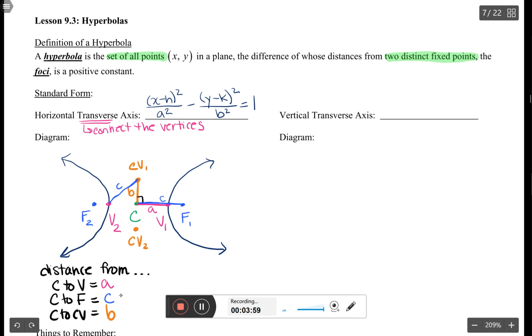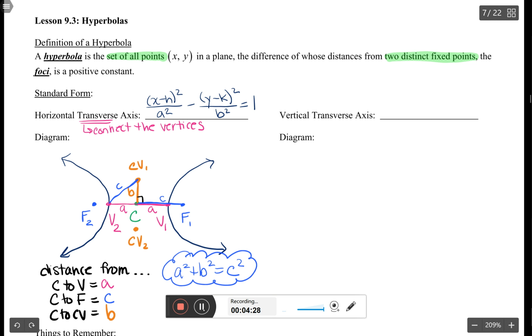This distance here from center to vertex 2 is also A. So inside there we can see that we have a right triangle. And using the Pythagorean theorem, for a hyperbola, we have A squared plus B squared is equal to C squared, so that we can find the values of A, B, and C in their relationship to each other.